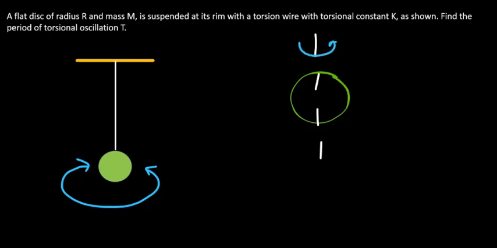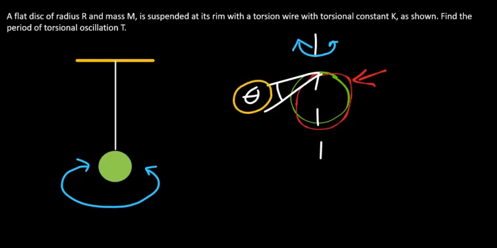As it oscillates in that manner, if that red colored disk is the new position of that disk, the oscillation can be measured by this parameter theta.